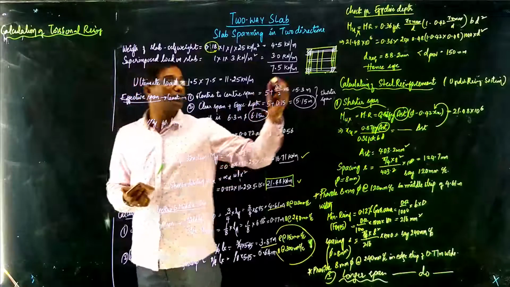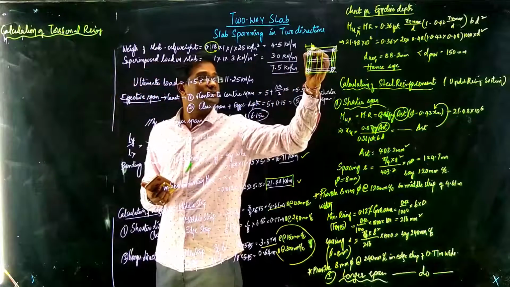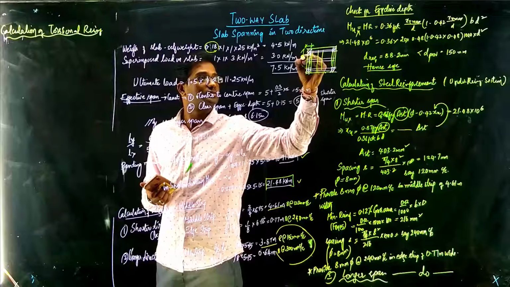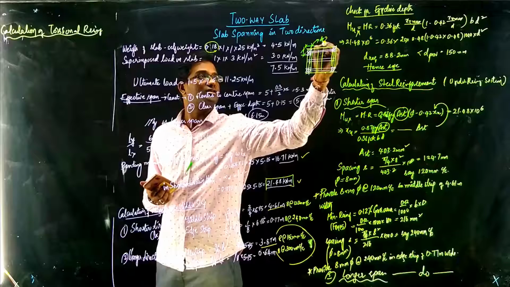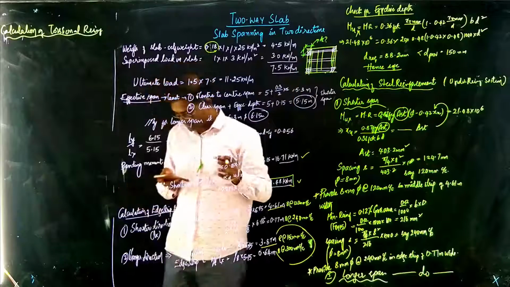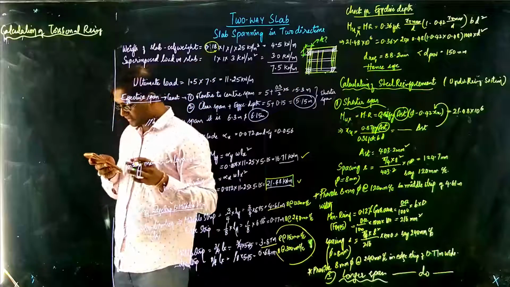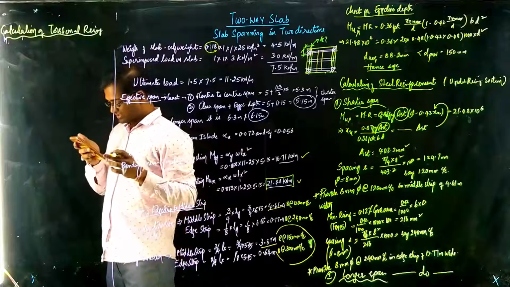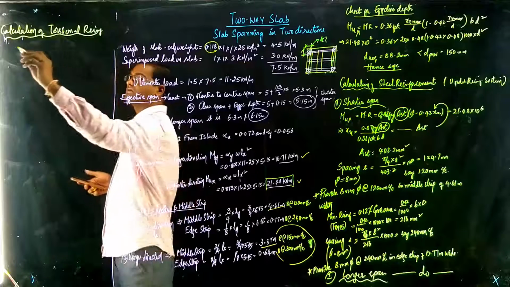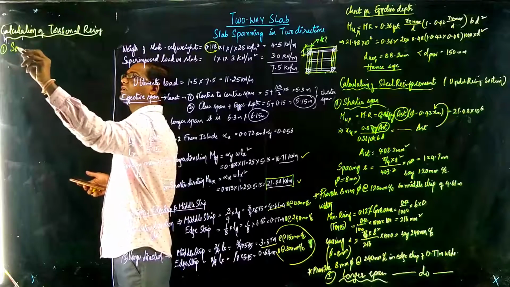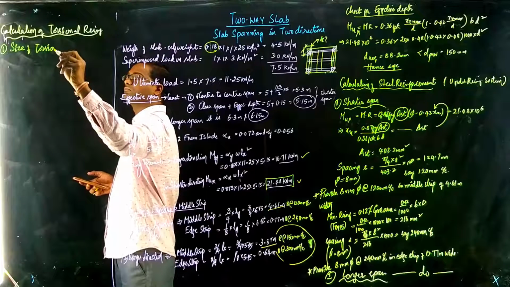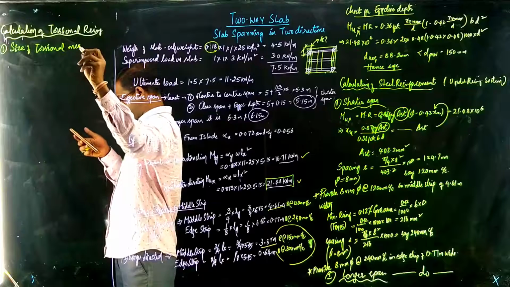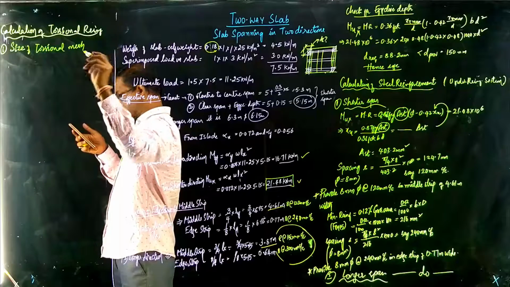So all that it is, how much is this width you have to provide, and how much is the area of steel, how many steel bars of how much you have to provide, right? So this is done. First is you need to finalize the size of torsional mesh, right?